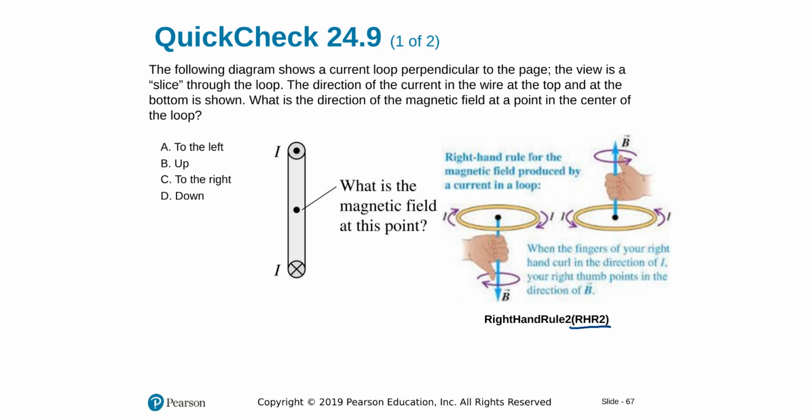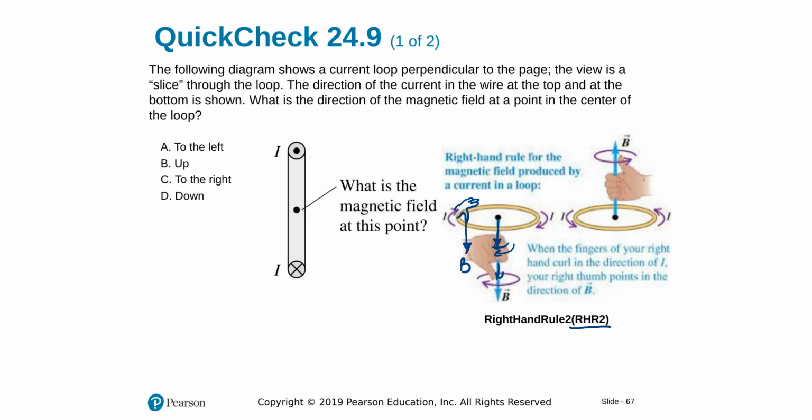So I can still curl my fingers along the current thing, which will be current in this case, and open my thumb, my thumb will be showing the direction of the magnetic field in the center. So this is our right hand rule 2. Curling our fingers along the current and opening our thumb, that will be showing the direction of magnetic field in the center, which will be the one we are interested in.